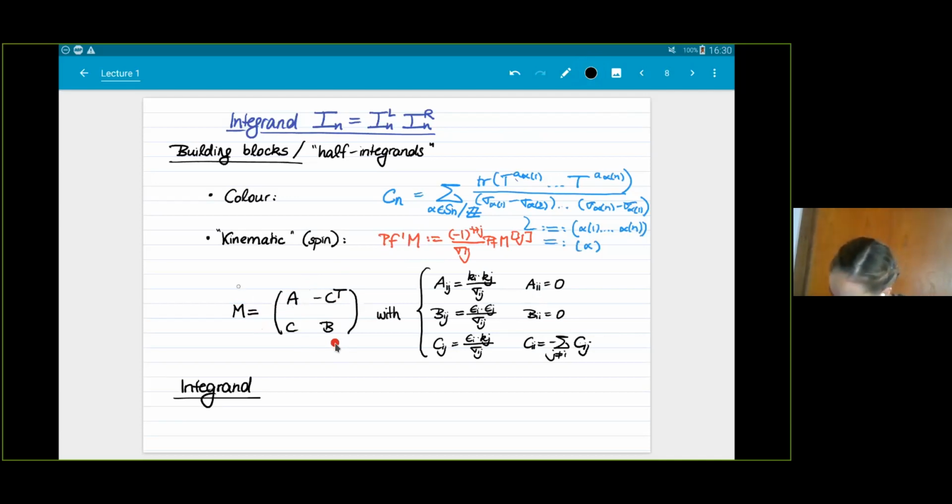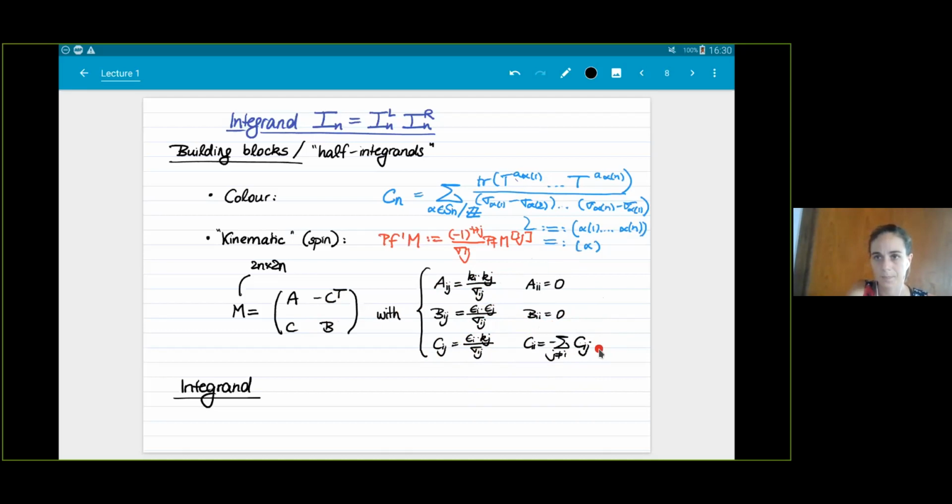It's in fact a 2n by 2n matrix, A, minus C transpose, C, and B, where the entries are just given by k_i dot k_j over sigma_ij, same with polarization data, epsilon_i dot epsilon_j over sigma_ij, and then the C mixes polarization vectors and your momenta, epsilon_i dot k_j over sigma_ij, with diagonal entries defined just as minus the sum over the rest.